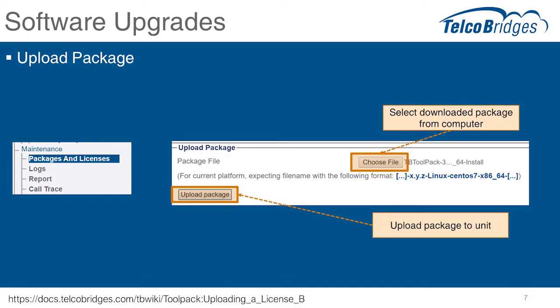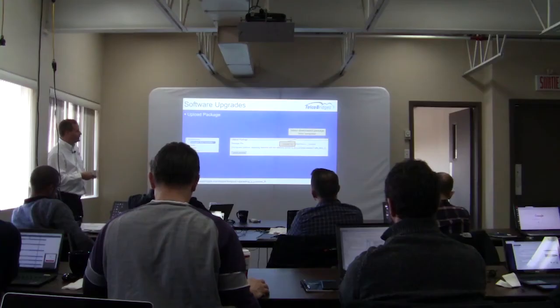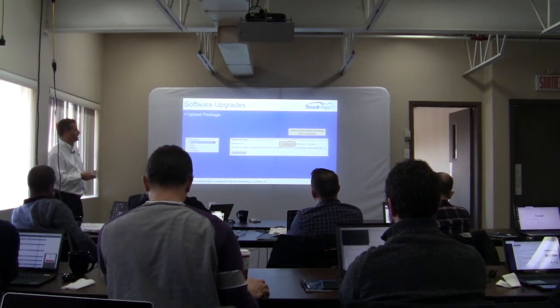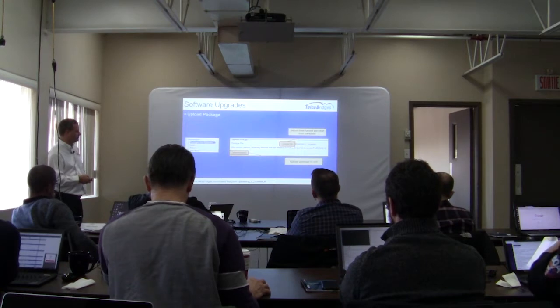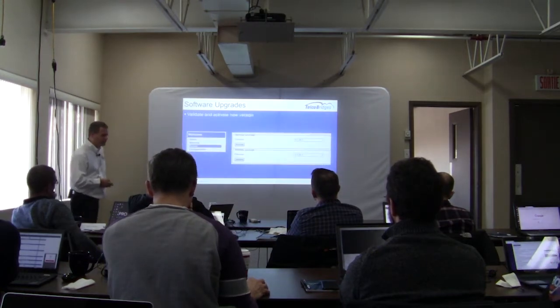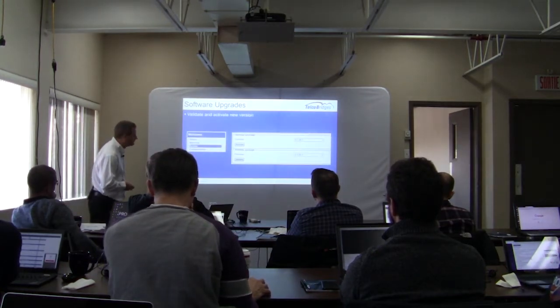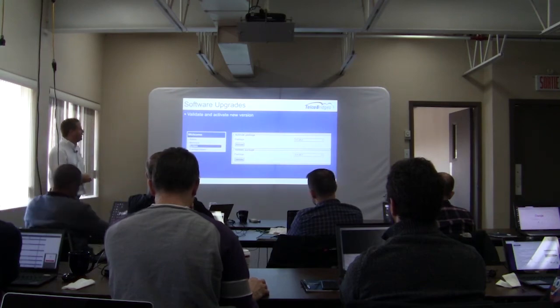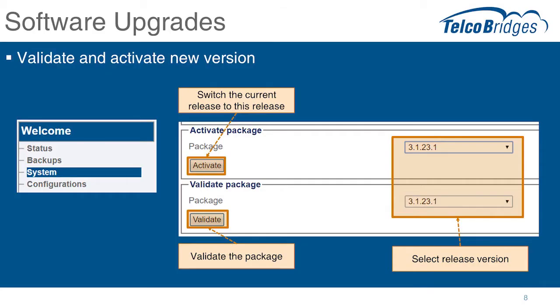To upload the new package on the system, you need to go here in Package and Licenses, choose the file, and upload the package. Here it will tell you the version, CentOS 7, that you need to upload. Once you have uploaded the new version, you can select it.